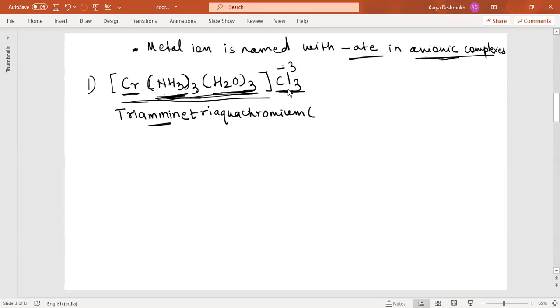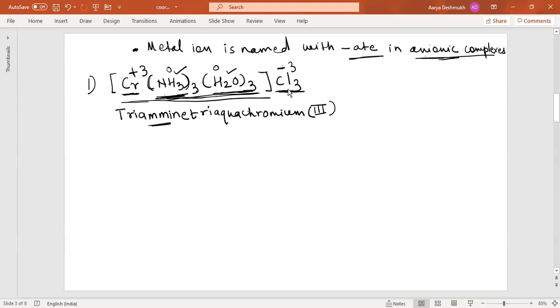The ammonia is neutral, so no charge, and the water molecule again is neutral, so the oxidation number is 0 in both cases. To balance this -3, the metal should be +3. The total charge must always be equal to 0.